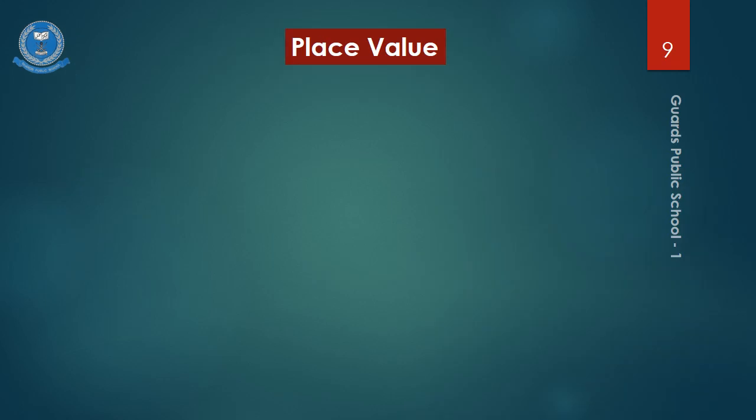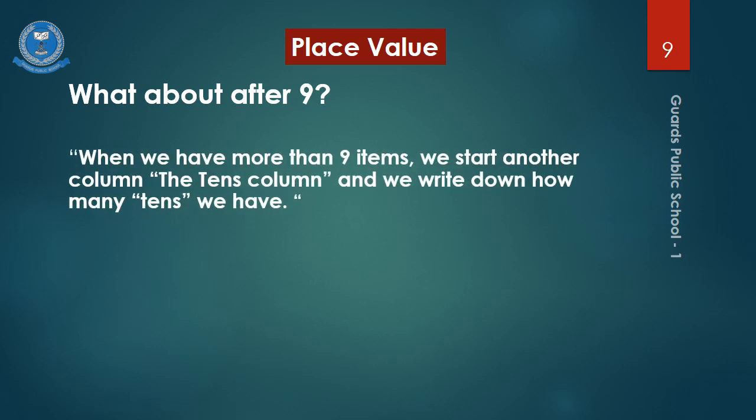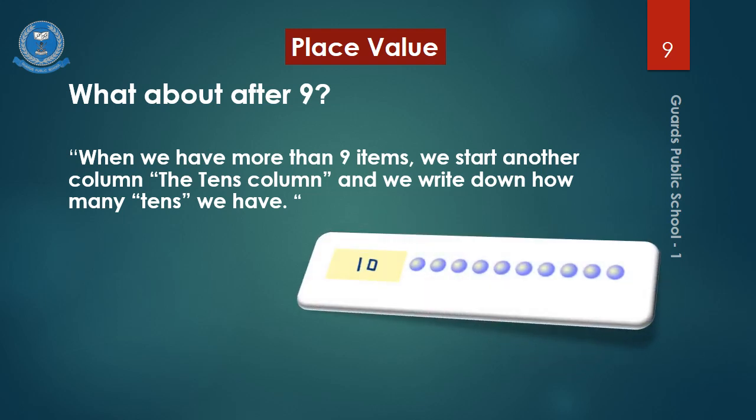Yes, this is what we are going to talk about. When we have more than 9 items, we start another column, and that is the tens column. And we write down how many tens we have. See this picture? It has 10 balls, and so we write the number 10.